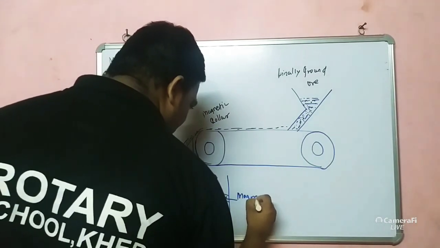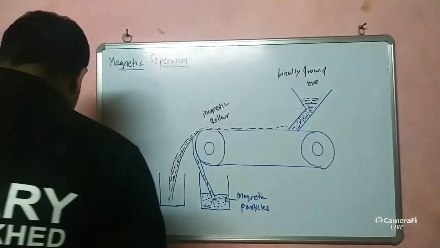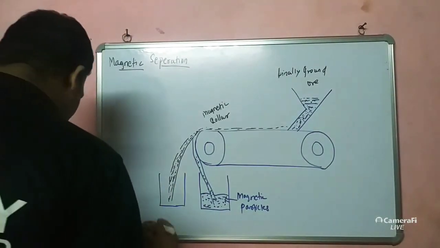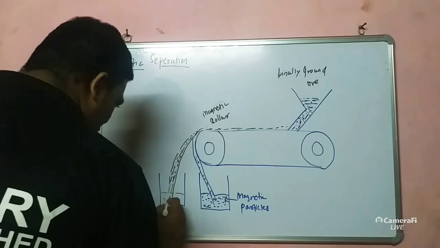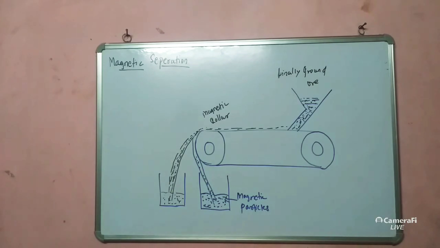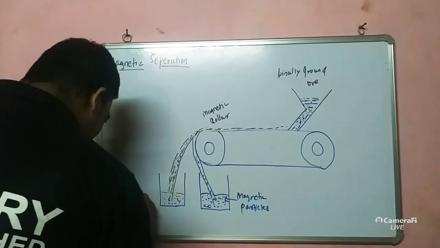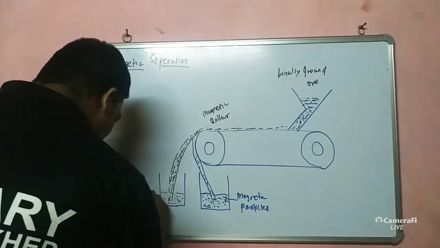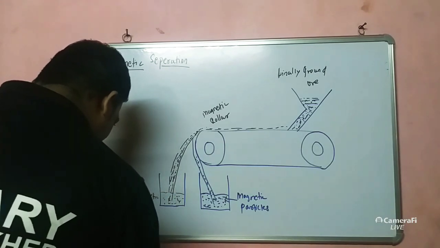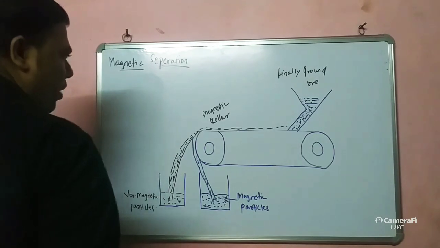So here we mention the magnetic particles, and the non-magnetic particles we will show with the black marker. I hope you understood this.